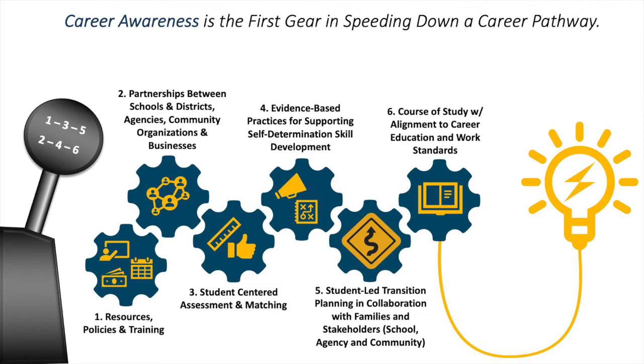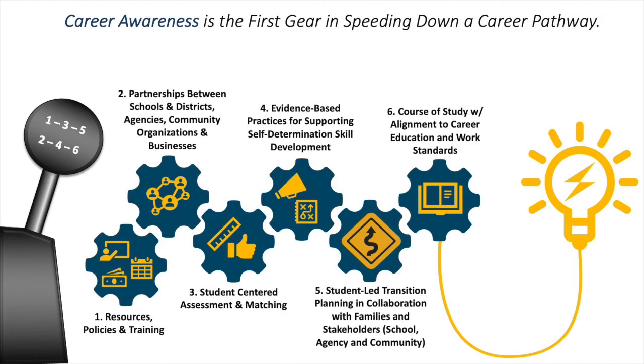Evidence-based practices for supporting self-determination skill development are really critical at this point too, because if students don't have opportunities to build their decision-making skills and self-knowledge, then they can't be an active participant and a leader in choosing opportunities that align with their goals.